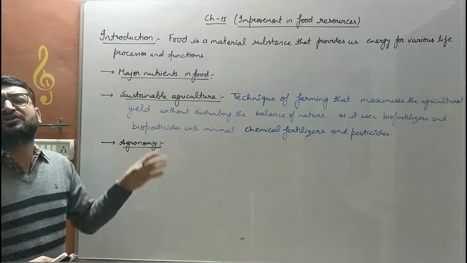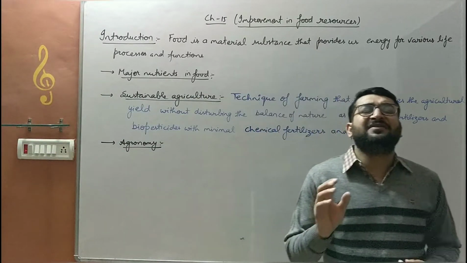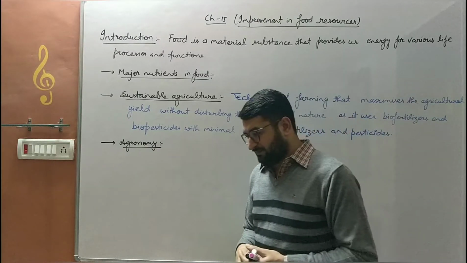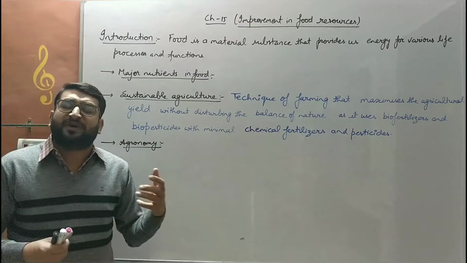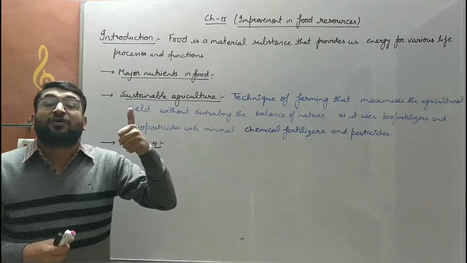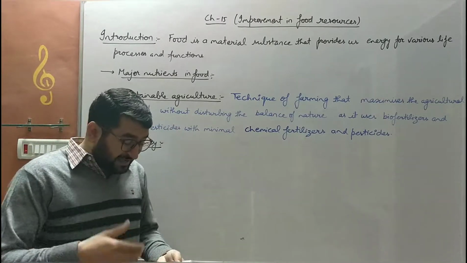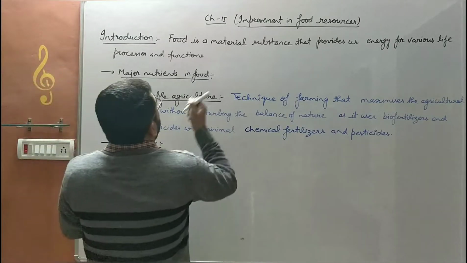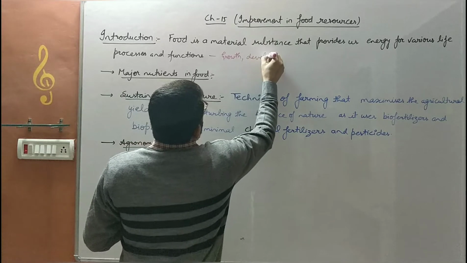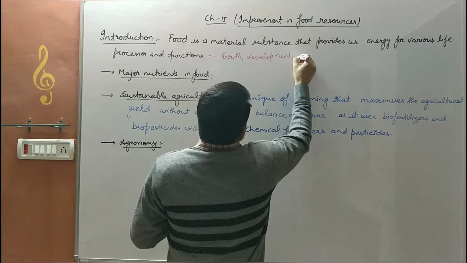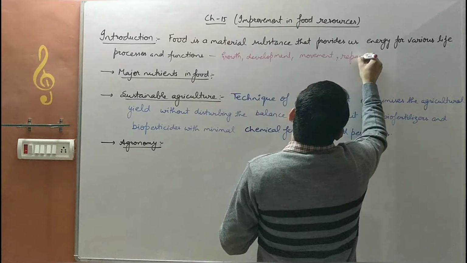So, starting with the introduction of this chapter, bache, you must be aware that all living organisms require energy. Why do they require energy? To produce young ones, to perform their basic life processes like movement, growth and development, repair and healing.